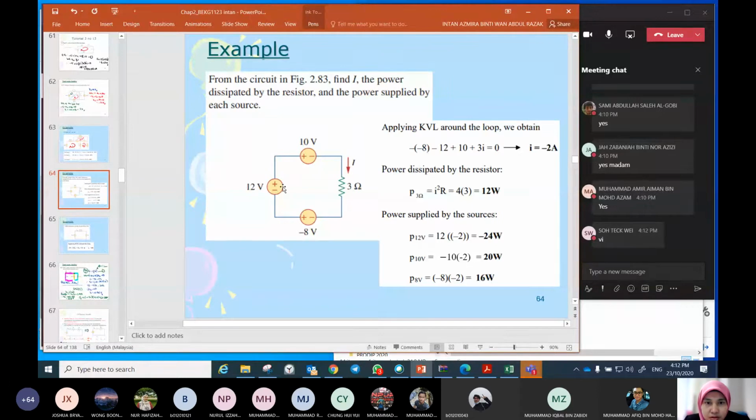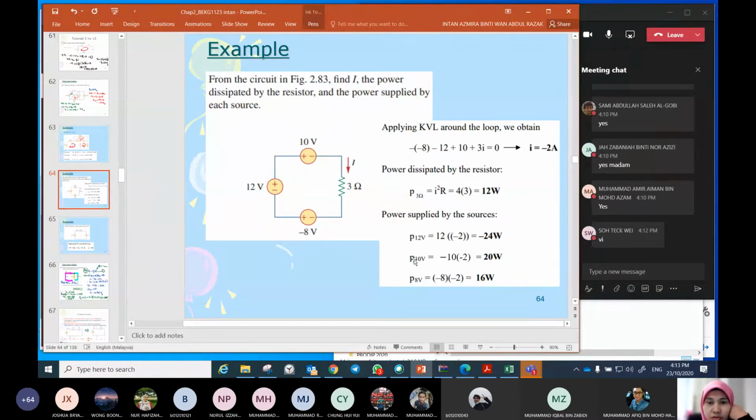This is the normal or typical arrangement of a voltage source, where current enters the negative terminal and flows out of the positive terminal. This one is not the normal arrangement of a voltage source.